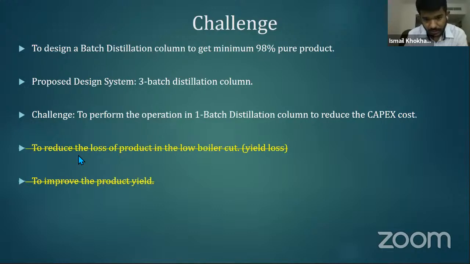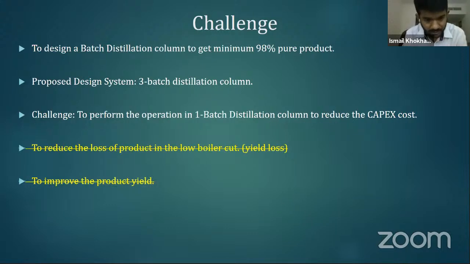So how does the challenge look now? Based on this intense permutation and combination which we had done, the losses came down drastically when we used this entrainer to form an azeotrope with the impurity. The loss that was approximately 3% dropped down to 0.025%.